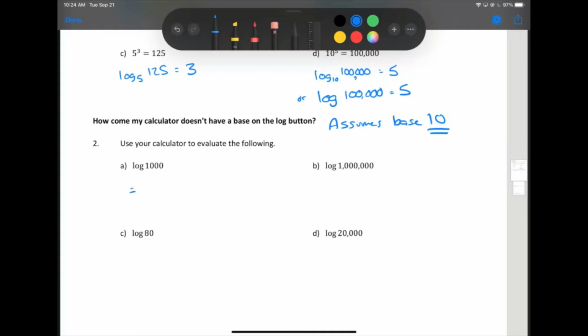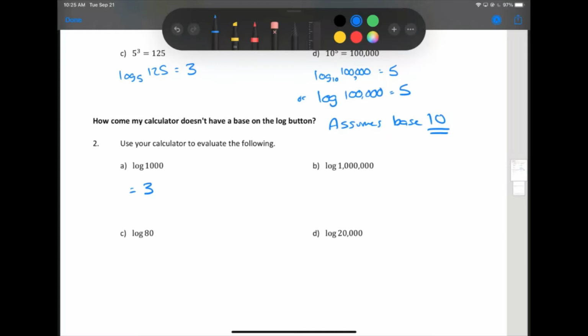Before you even pick up your calculator for this one, log of 1,000 is basically saying, what exponent do I put on 10 to get 1,000? And 1,000 is 10 times 10 times 10, so that would be an exponent of 3. And if you don't believe me, pick up your calculator right now, punch in 1,000 log, or log 1,000, depending on the order your calculator takes it, and the answer should be 3.